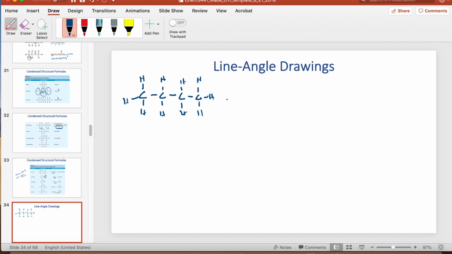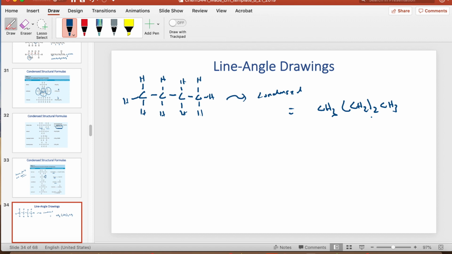And then if I want to convert this to condensed, it would look like this, and then I have 2 of these guys here. So that would be my condensed version that you can see.